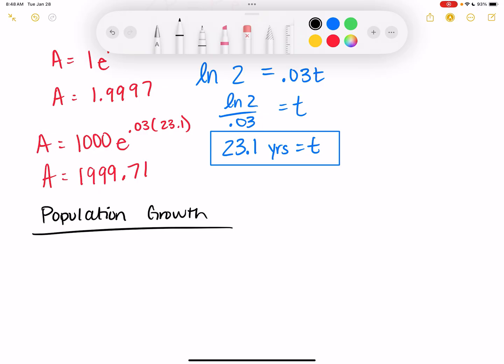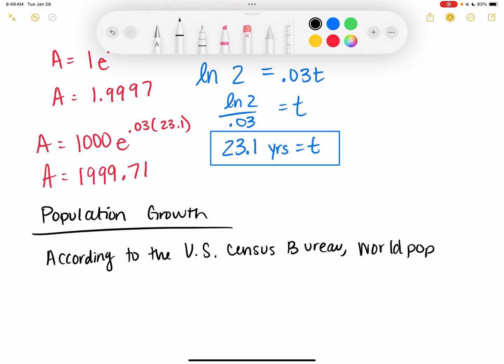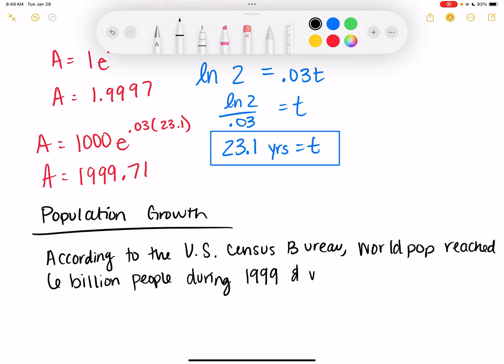According to the U.S. Census Bureau, the world population reached 6 billion people during 1999 and was growing exponentially.